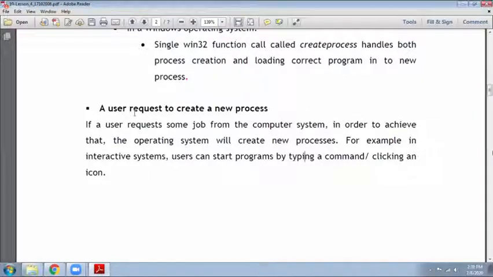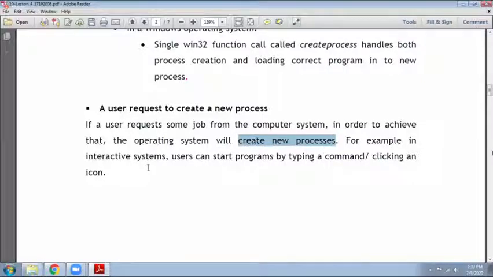So it's a user request. Okay? If a user requests some job from the computer system, in order to achieve that, the operating system will create new processes.